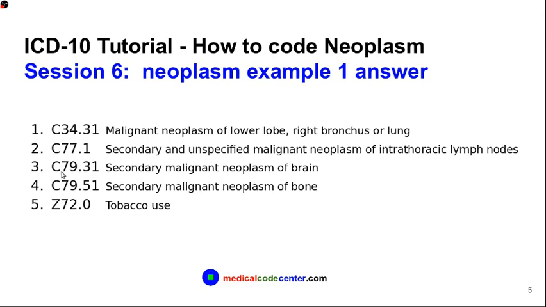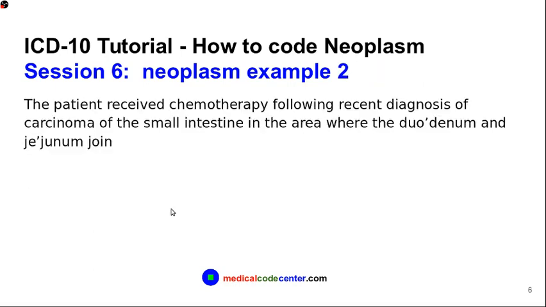And the third code is C79.31, secondary malignant neoplasm of brain. The fourth code is C79.51, secondary malignant neoplasm of bone. And finally, we have Z72.0 for tobacco use. So we finished this first example.